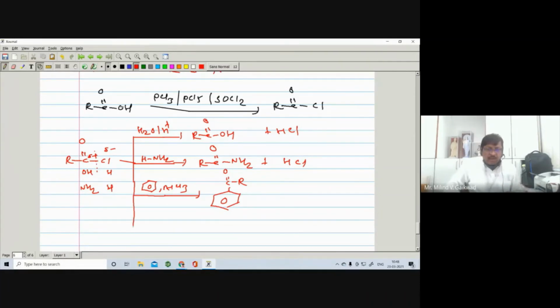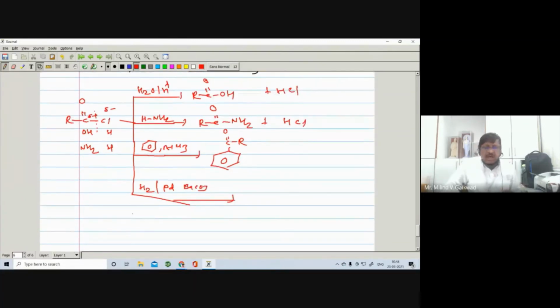When acyl halide is treated with hydrogen in the presence of palladium and barium sulfate, this is a name reaction called Rosenmund reduction.